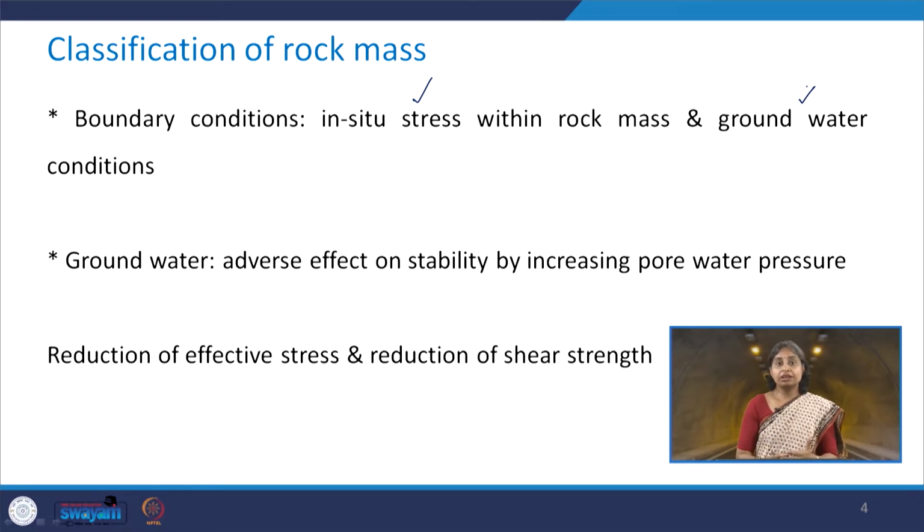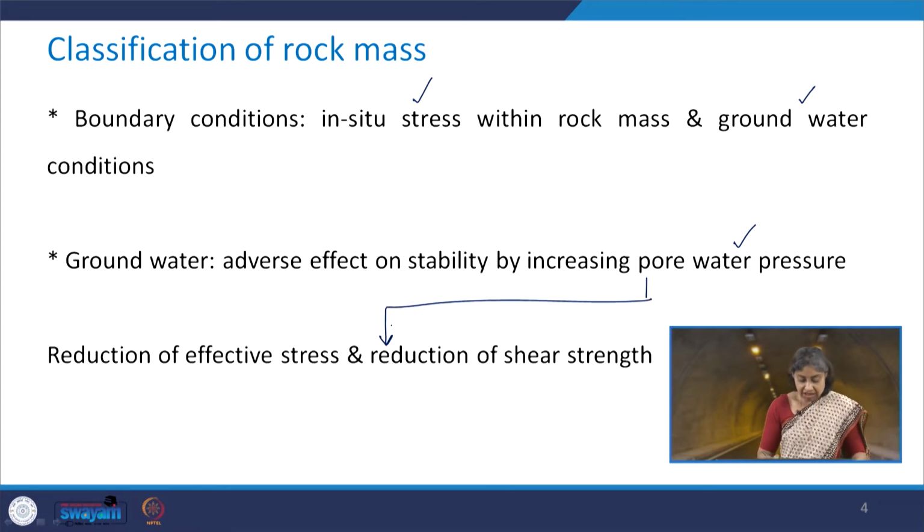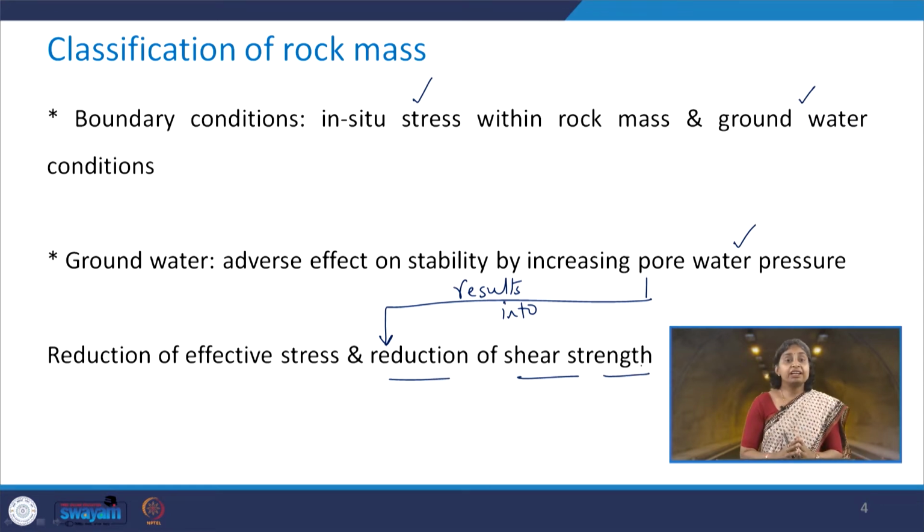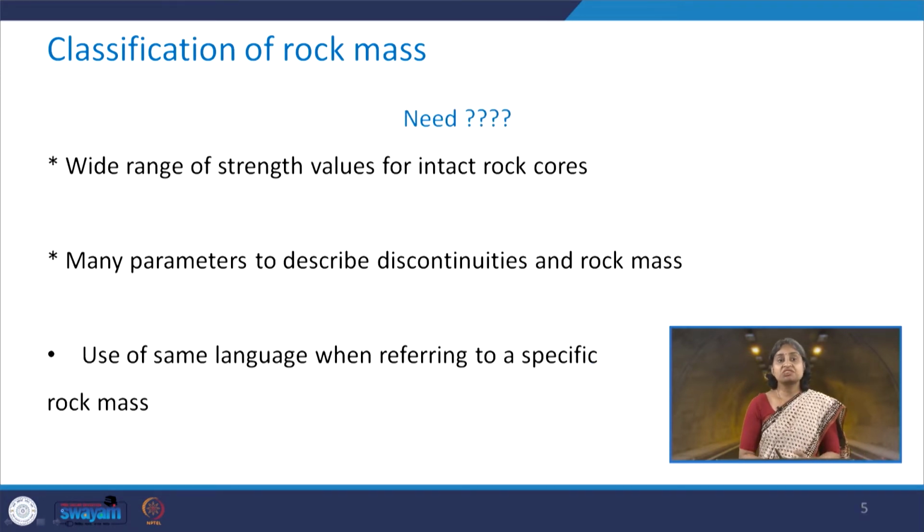Because if groundwater is present, it increases the pore water pressure in the rock mass, and this results in the reduction of effective stress and therefore the reduction of the shear strength. Therefore, it is extremely important for us to know the groundwater condition before we go for the classification of rock mass. Now, the question comes: what is the need for the classification of rock mass?